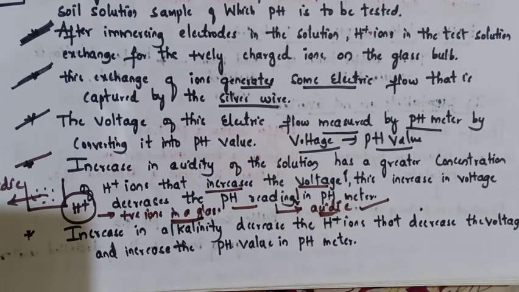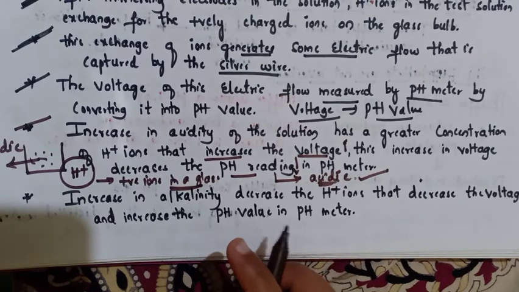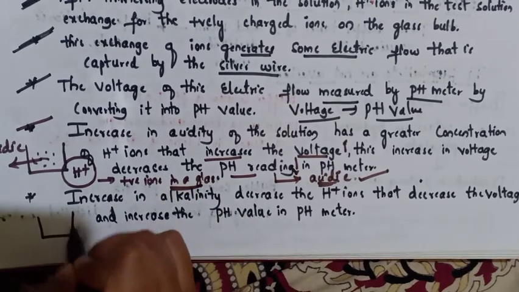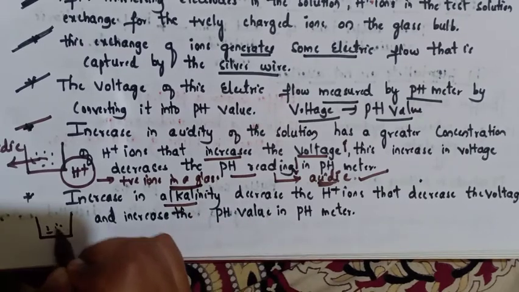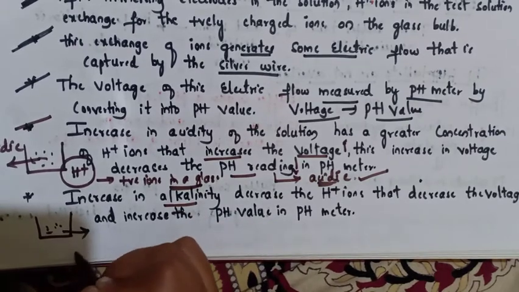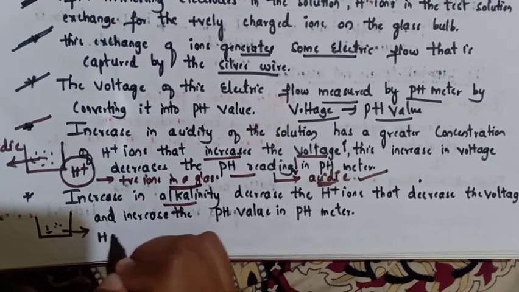Now, coming to the basic soil sample. See here, let's consider this soil sample. It is basic or alkaline. When this basic soil sample is present, fewer H+ ions are present.